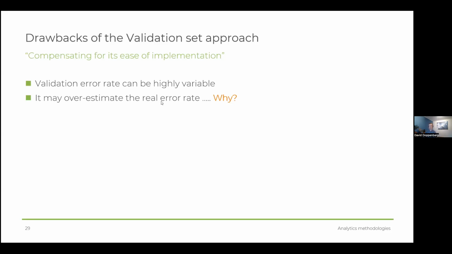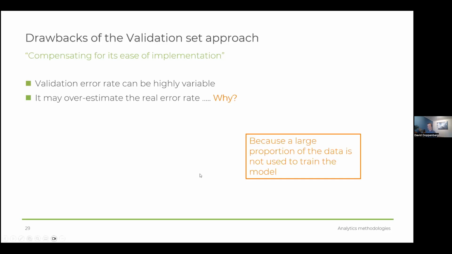But in real life, when you're actually going to use your model, you will always train it on the full data set, because then you're not that interested anymore in how well it performs on the test set. You just want the best model trained on all the data. So you set aside a pretty large chunk of your data that cannot be used for training, meaning that your model will probably do a little better in real life. That's why it overestimates your real error rate.